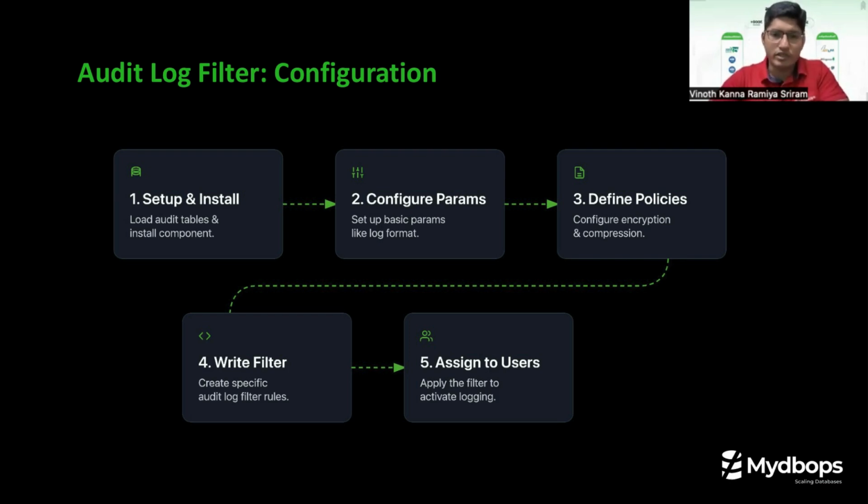There are various formats available, XML and JSON, and various compression and encryption mechanisms, which we can define in the second step. After that, we define the filters. Then we assign the users. So these are the sequence of actions we need to perform to make the audit log filter live.